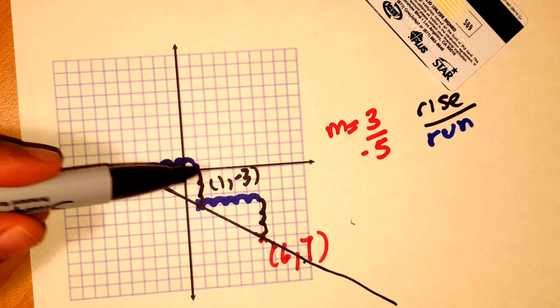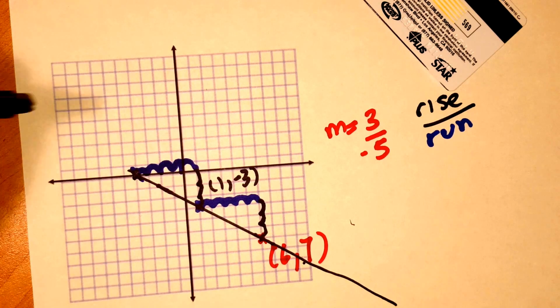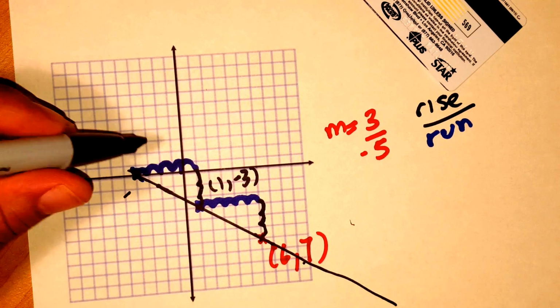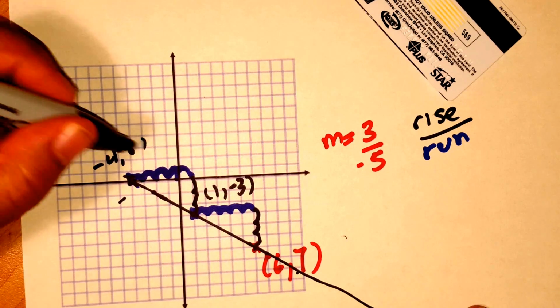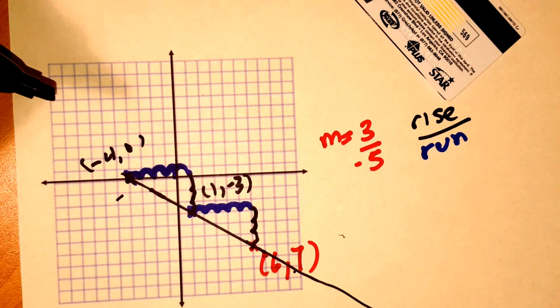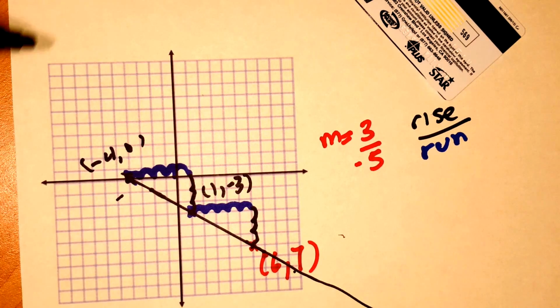Take note, when I counted left, I didn't skip 0. And now I'm at the point x is -4 and y is 0. So that also is another point on that line. And again, we can do this recursively or over and over again, like stair steps, and find different points on the line.